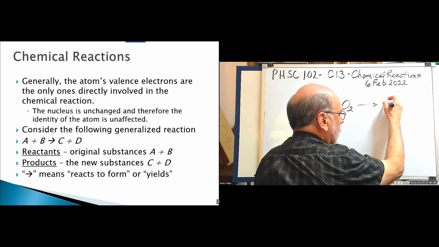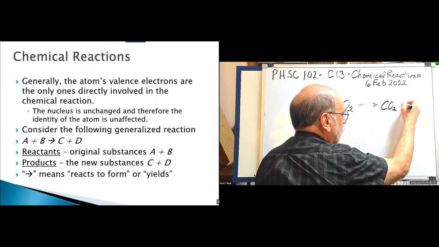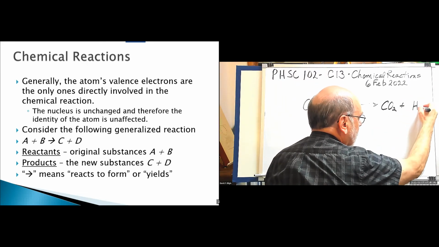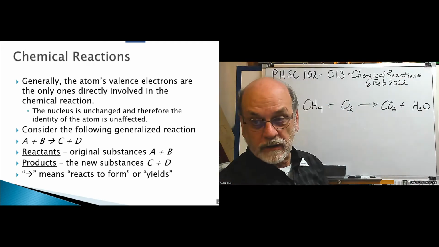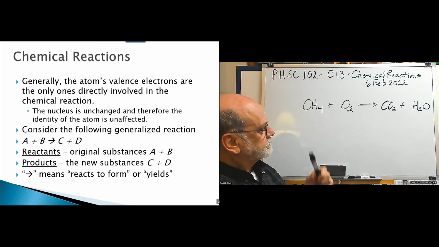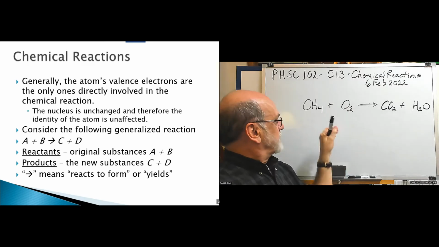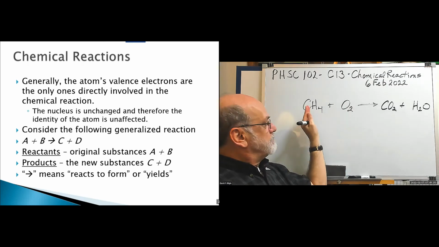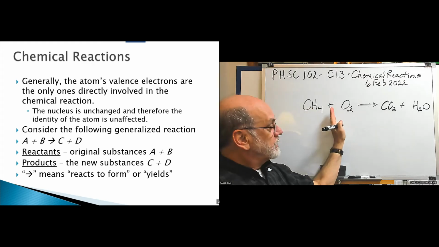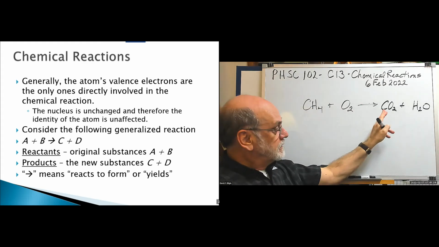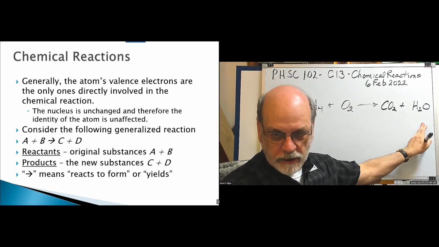And the products they form are carbon dioxide and water. Okay? So we say methane plus oxygen yields carbon dioxide and water.